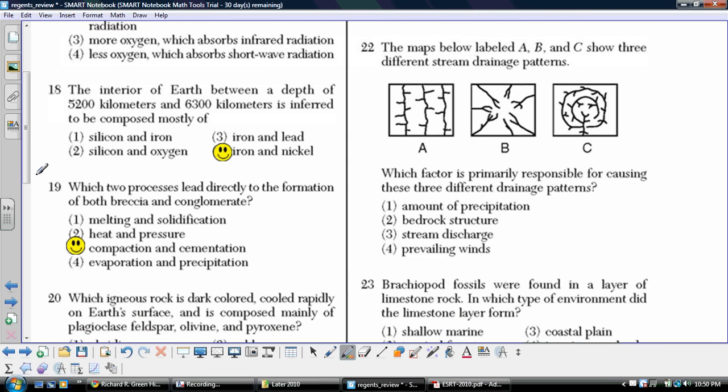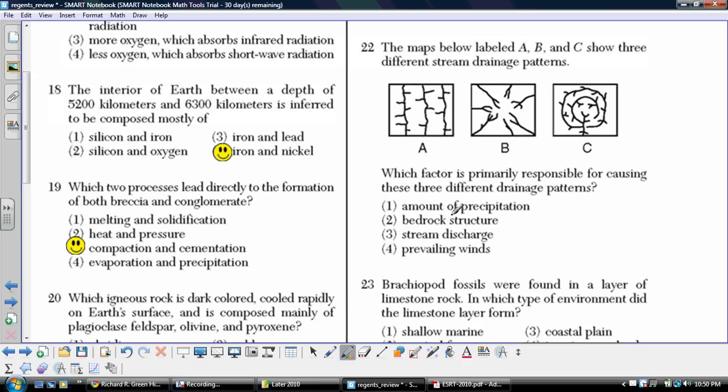All right, number 22. The maps below, labeled A, B, and C, show three different stream drainage patterns. Which factor is primarily responsible for causing these three different drainage patterns? Okay, well, drainage patterns are going to come from water, right? So, generally speaking, it would have to be due to the way that the water was flowing off of an area, correct?